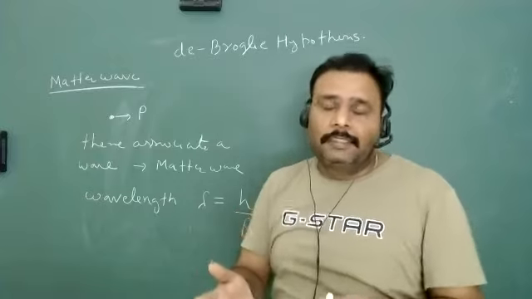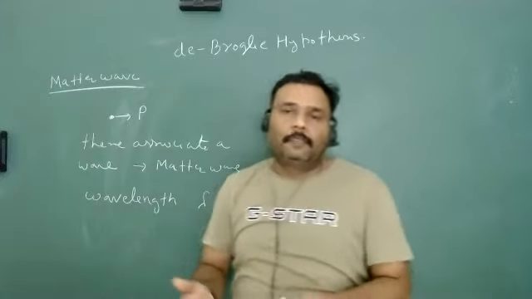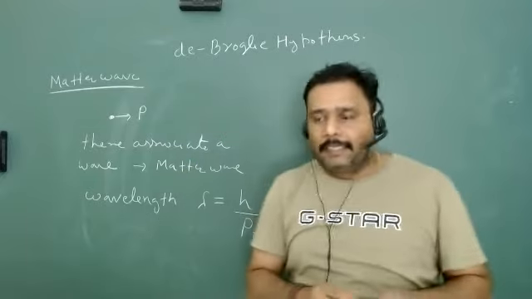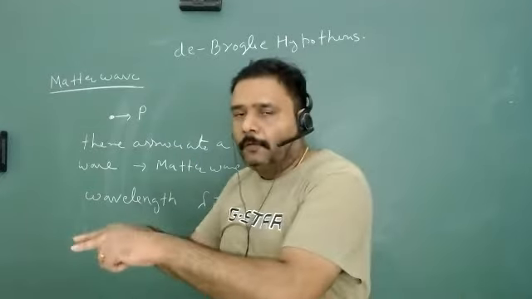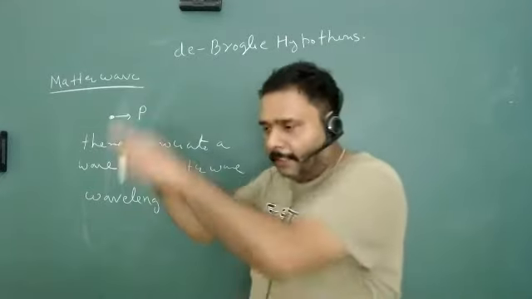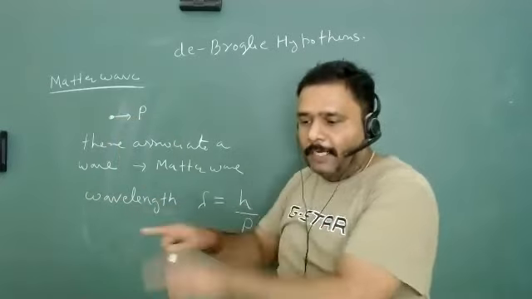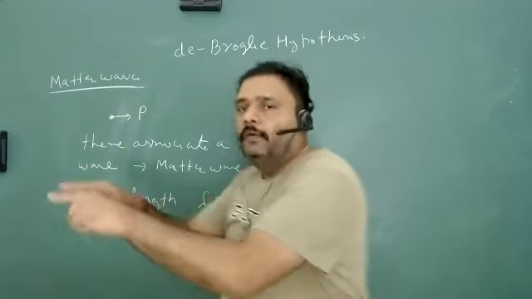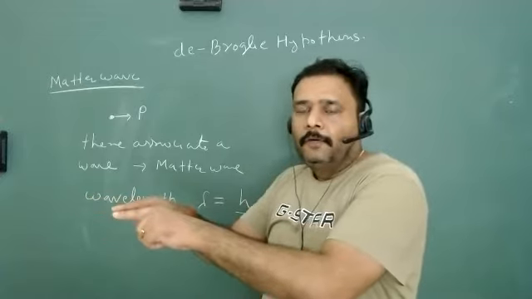You have done your optics, I think, at the +2 level: when two lights superimpose, they give an interference pattern, the maxima and minima kind of thing. Similarly, you will get this when electrons go together.